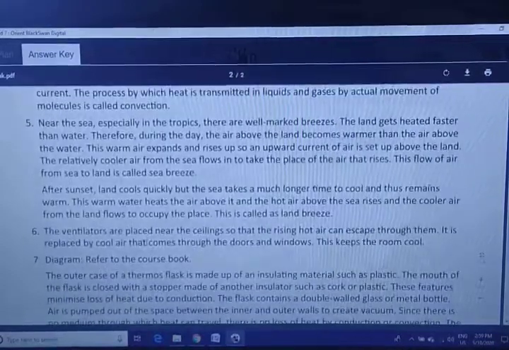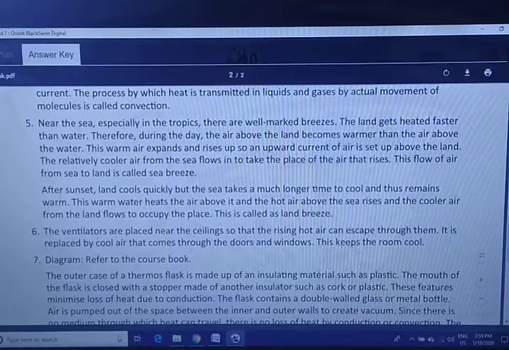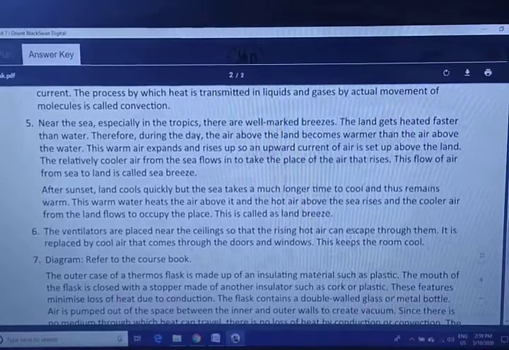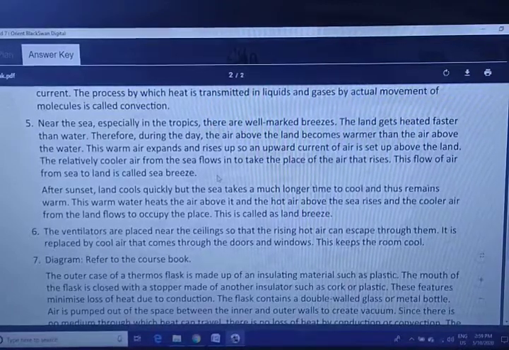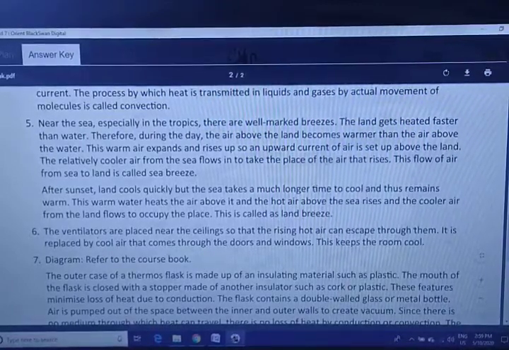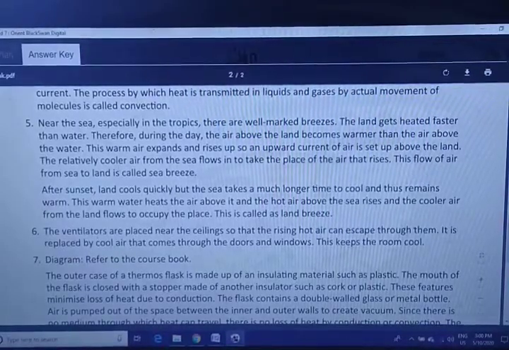Therefore, during the day, the air above the land becomes warmer than the air above the water. This warm air expands and rises up, so an upward current of air is set up above the land. The relatively cooler air from the sea flows in to take the place of the air that rises up. So this flow of air from sea to land is called sea breeze.